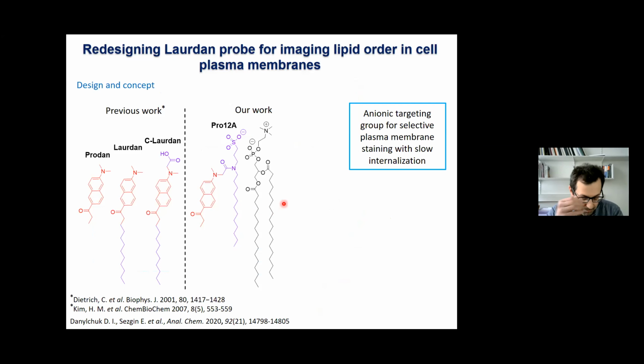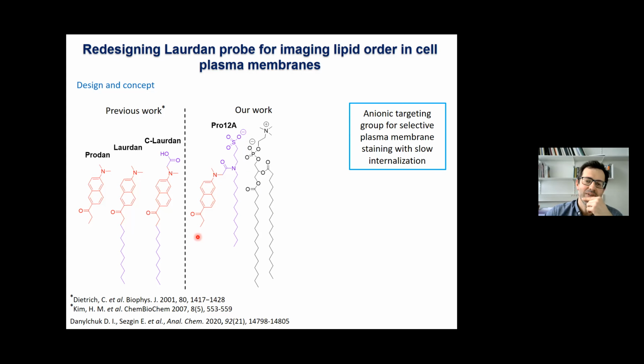Okay, so now I would change gears and say that we also used this approach to target specifically the plasma membrane, with this anchor group attached to another molecule. In fact, the reason we did it was Erdinch, who was very much interested in Laurdan. He loved Laurdan, and he said, "Oh, I also want to have a Laurdan which targets specifically the plasma membrane."